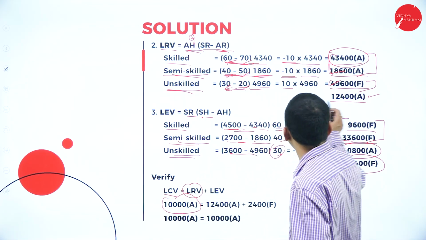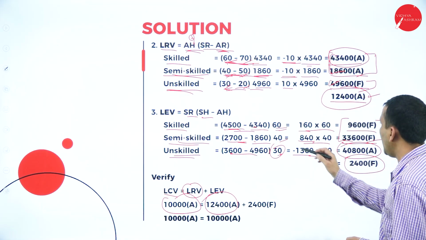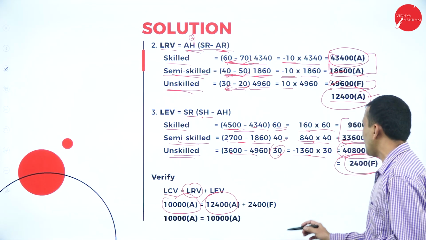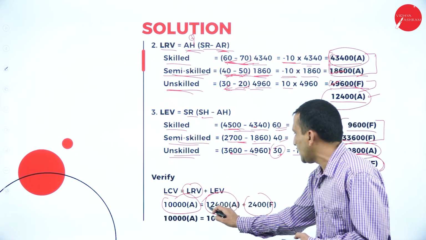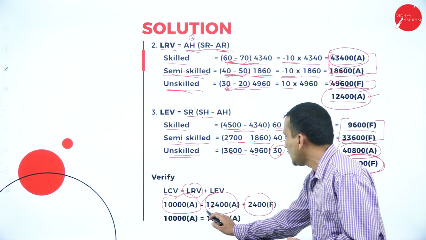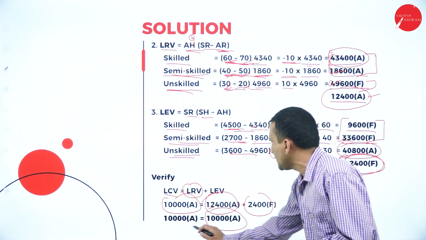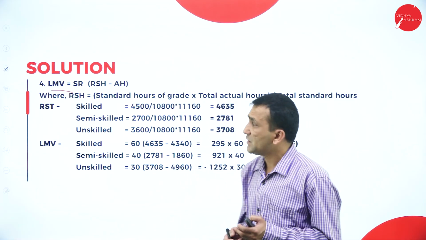Material rate variance we got 12,400 adverse. Material efficiency variance 2,400 favorable. Now see which sign is more: 12,400 minus 2,400, the difference is 10,000 adverse, which is equal.